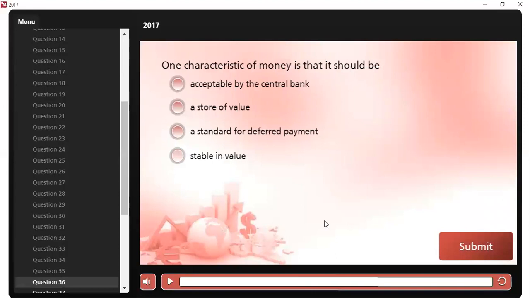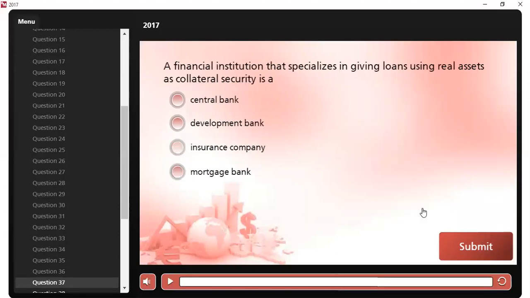Question 36. One characteristic of money is that, please, the money has to be stable in value. That one is not negotiable. It's one characteristic of money. Question 37. A financial institution that specializes in giving loans using real assets as collateral security is a development bank.